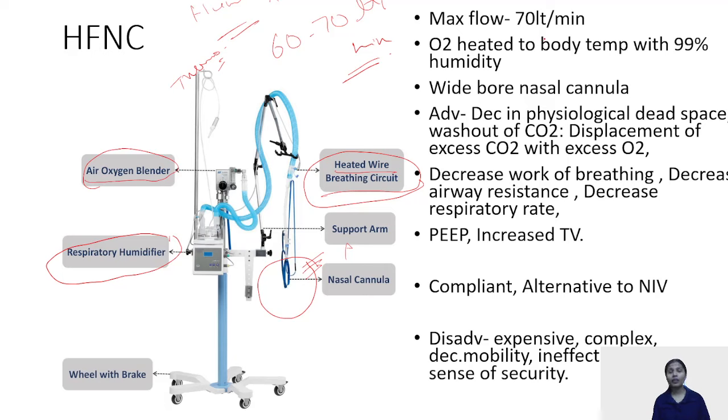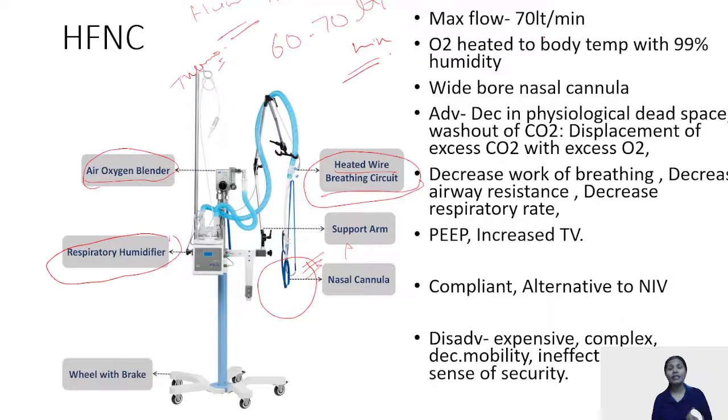The advantage of HFNC is that, because of such a high flow rate, the physiological dead space also decreases, and the excess CO2 is displaced by the excess oxygen. That is, the rebreathing part is very less when we talk about HFNC. It decreases the work of breathing.